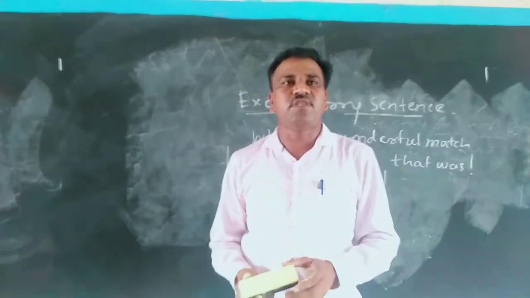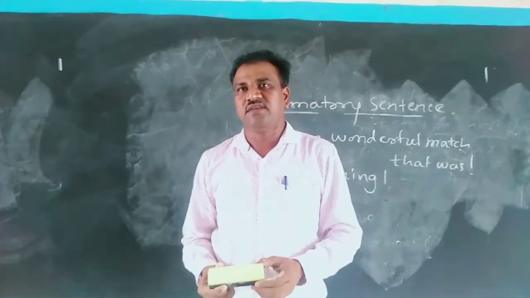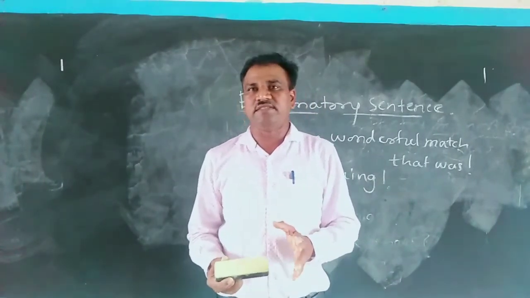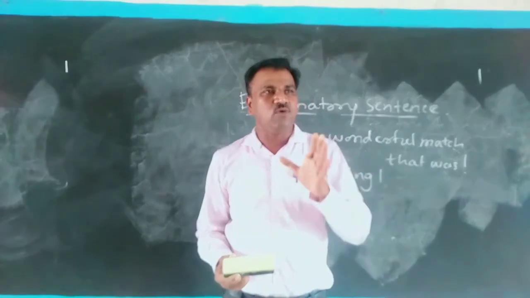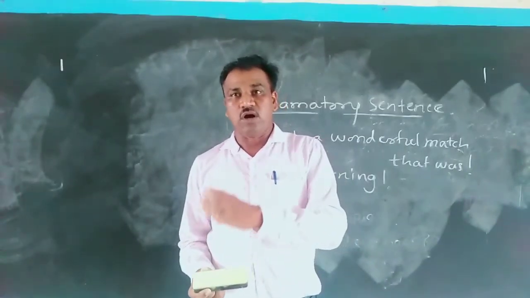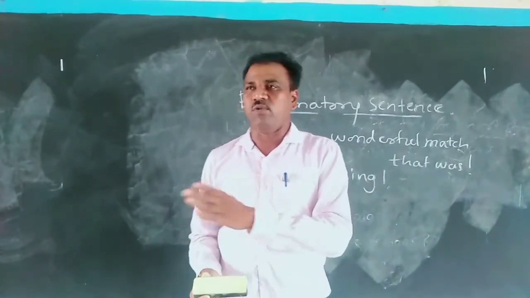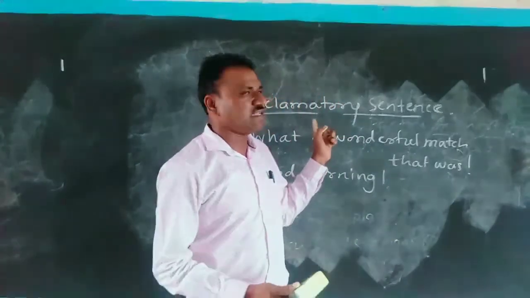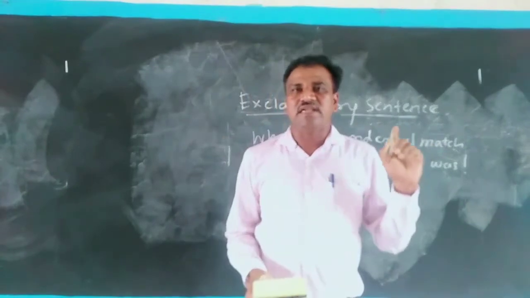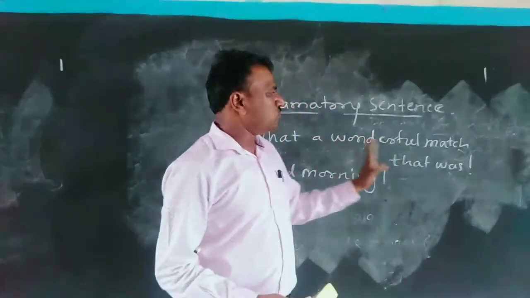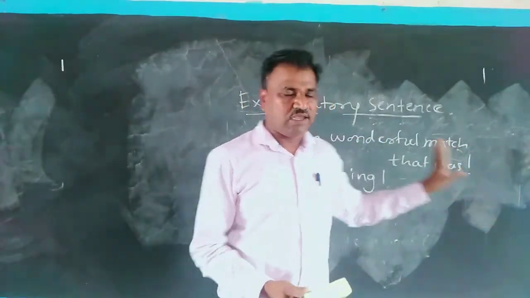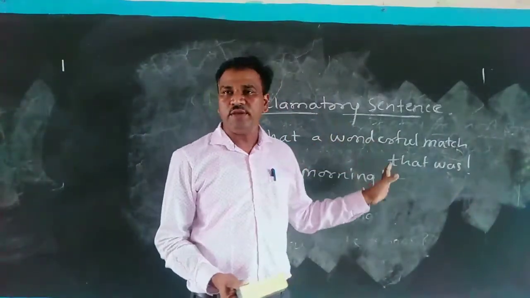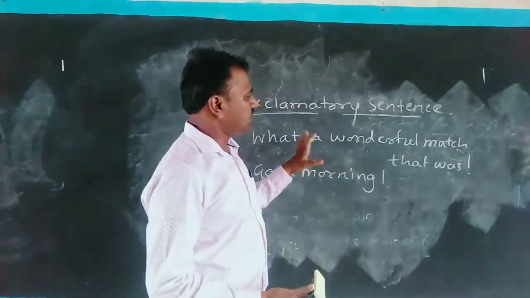The third type is the imperative sentence. These sentences open with the verb and end with a full stop. And the last is the exclamatory sentence, which ends with an exclamatory sign. Here we express our own emotions or a surprise.